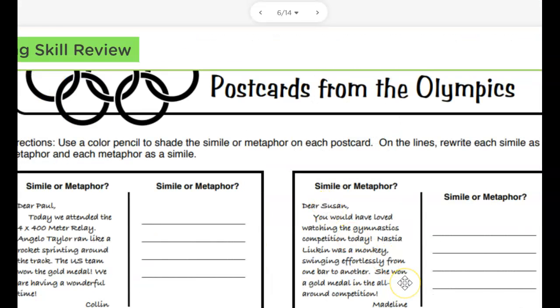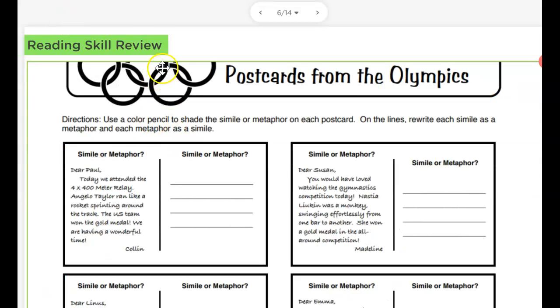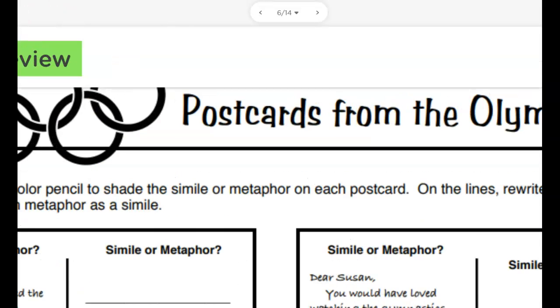For our practice with similes and metaphors, we are reading postcards from the Olympics, and we're changing similes to metaphors and metaphors to similes. But first, we have to identify them inside the postcards. We will do two together, and the other you will do on your own. Let's go ahead and begin.